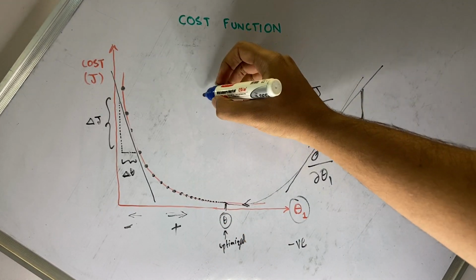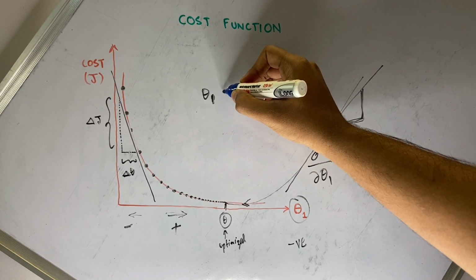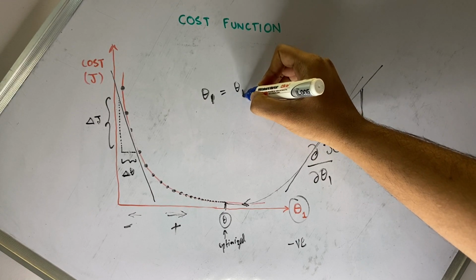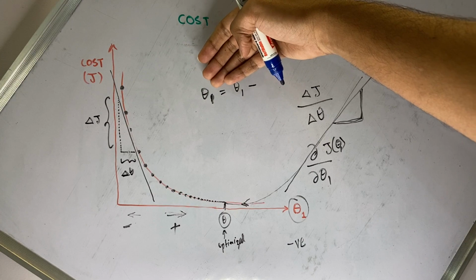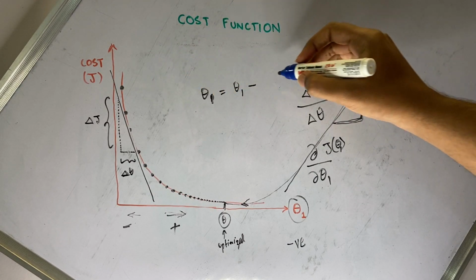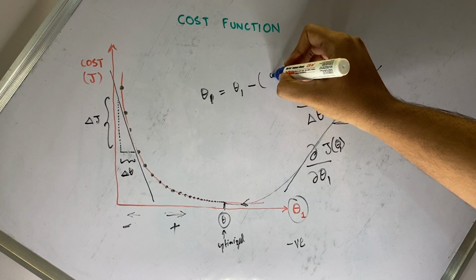So when I say we are trying to optimize the parameter, we want to subtract something from the existing value, so that the existing value can be tweaked. This term would be a derivative of the cost function.